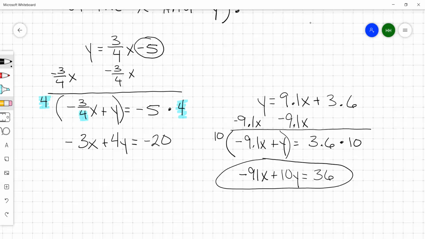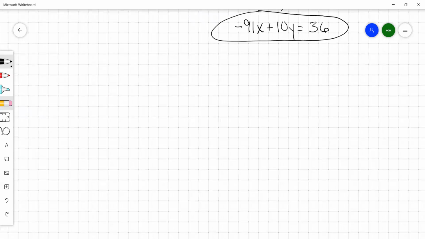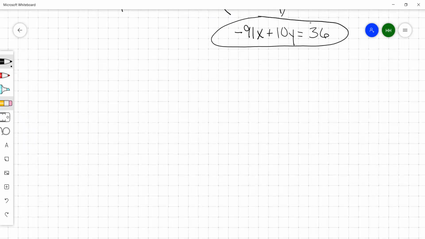Okay. Second part of your assignment today, you are going to be asked to find the intercepts and graph each line.